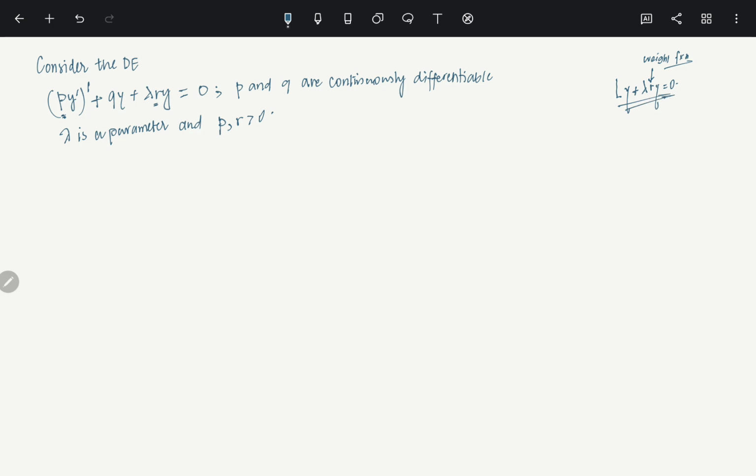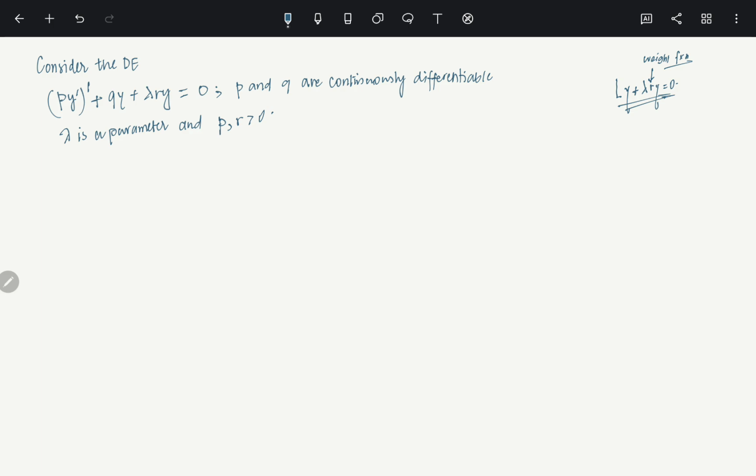Again, if we are writing like this, please remember, p has to be positive. The first coefficient p corresponding to (py prime) prime has to be positive, and along with that, the r which is along with lambda, the weight function r, has to be positive. These two conditions are vital for this to work.